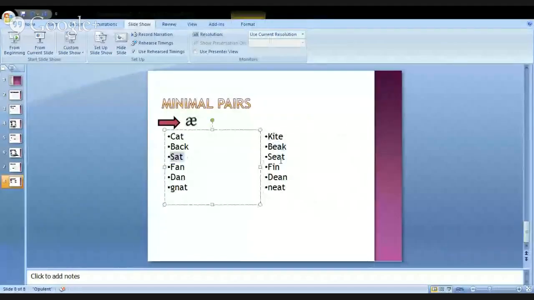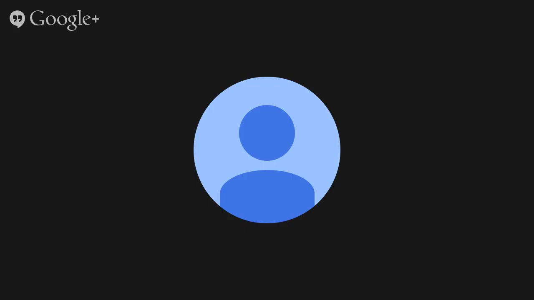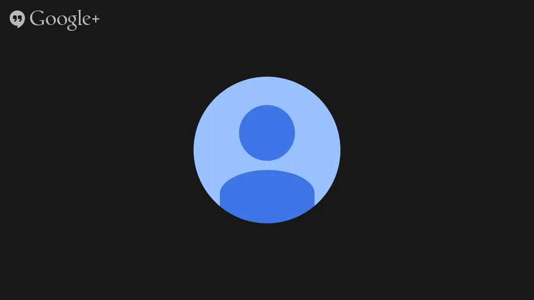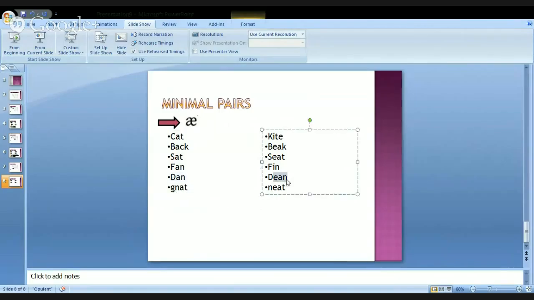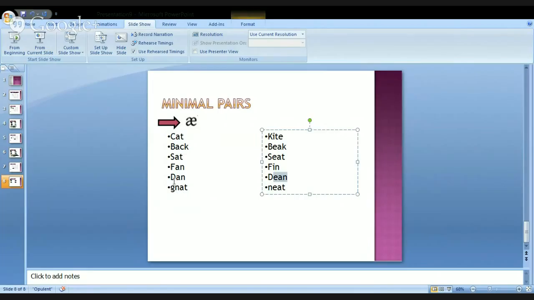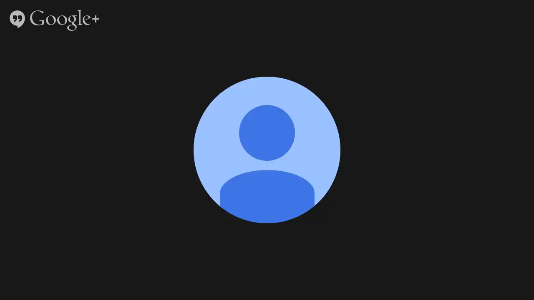Exactly. Sat, seat. Sat and seat. Fan, fin. Fan and fin. Dan, Dean. Dan and Dean. Nat and neat. Nat and neat. Exactly, very good. And I'm trying to think of some sentences to practice this. For some reason, I'm thinking of the cat is on the table.